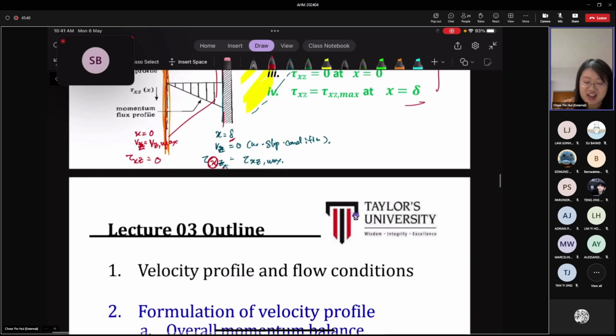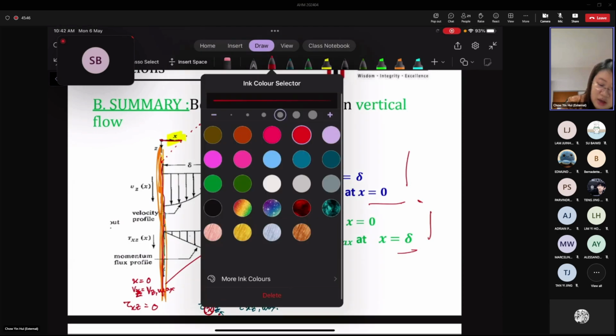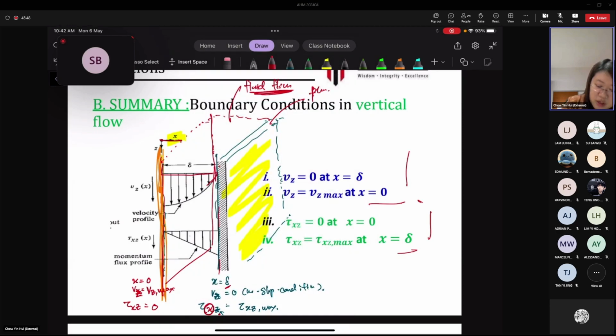Okay, so that's the summary for the velocity profile. For the velocity profile, the magnitude would be 0 at x equals delta, the no slip condition, but it would be maximum at x equals 0.